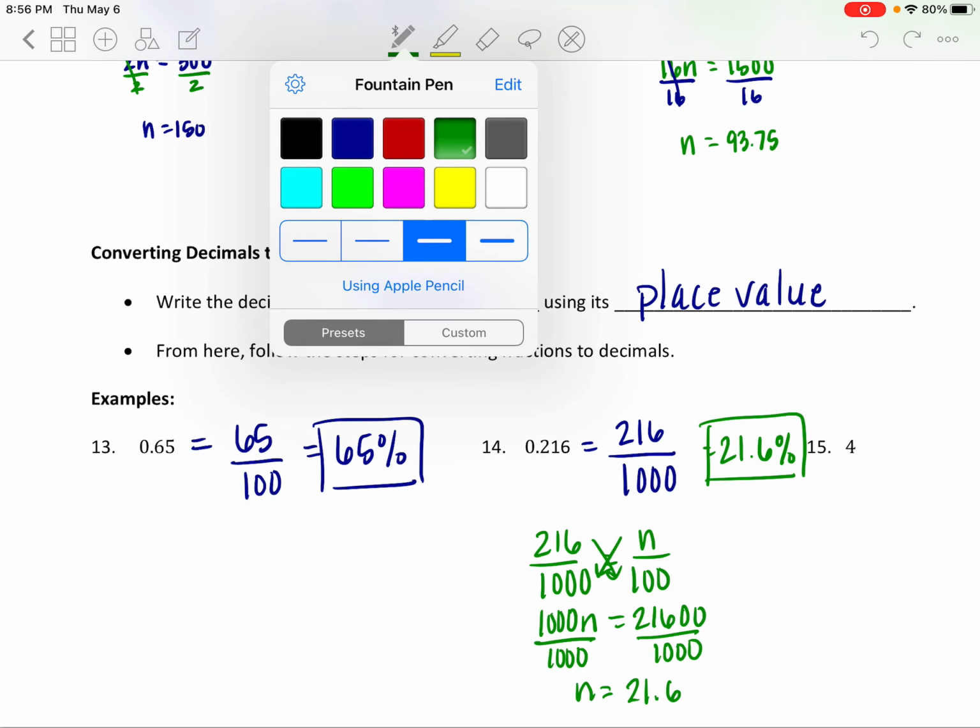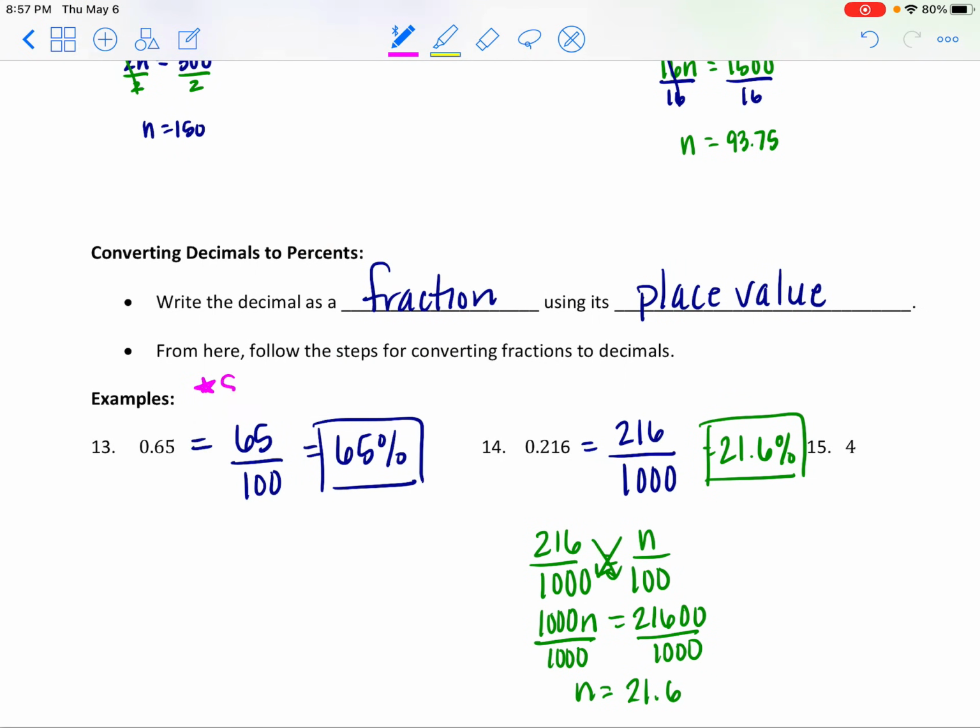So a shortcut, if you want to commit this to memory, sometimes we have a hard time remembering shortcuts or which way the decimal goes, so I prefer understanding what you're doing, but if you're good with shortcuts, I'm good with them too. Shortcut, okay, is move the decimal right 2 places.